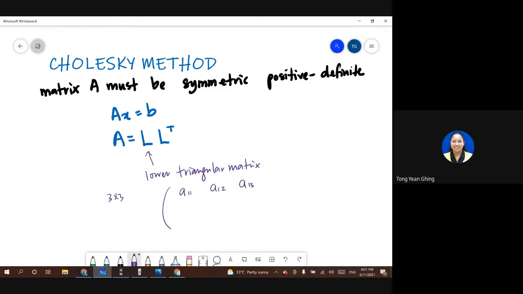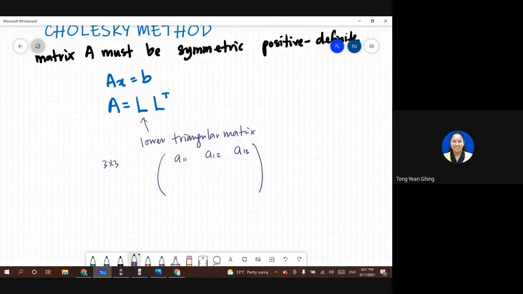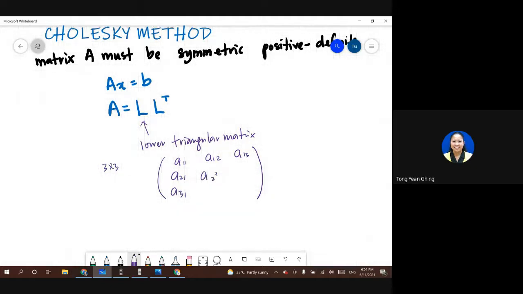If it is lower, that means the values above the diagonal line will be 0. This is a lower triangular matrix.